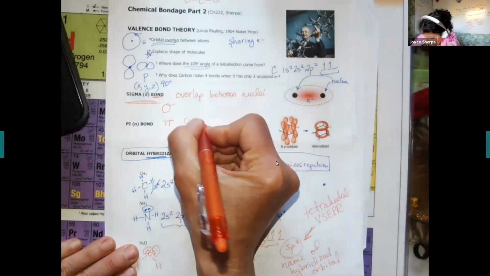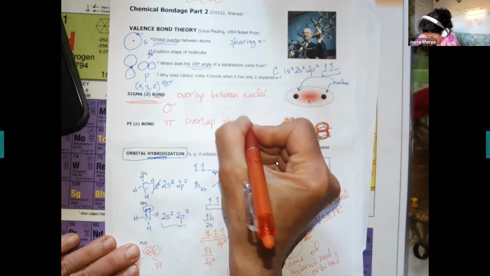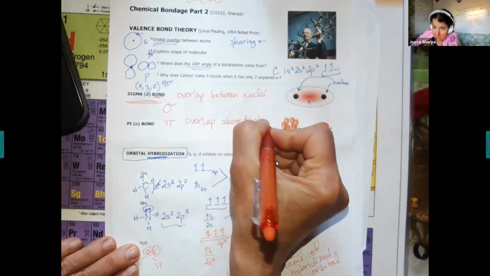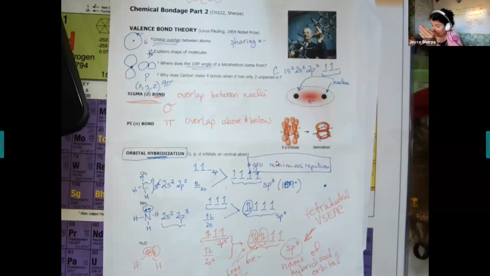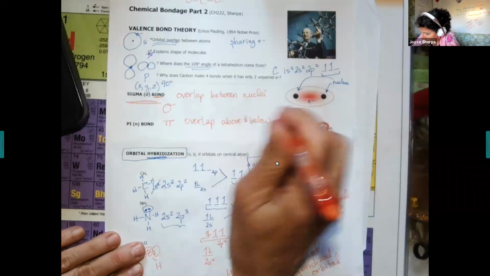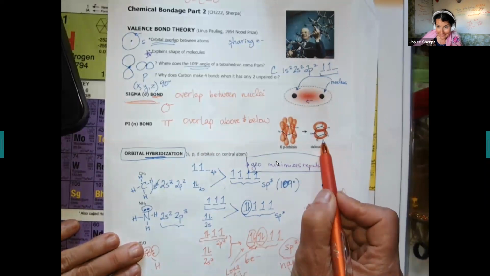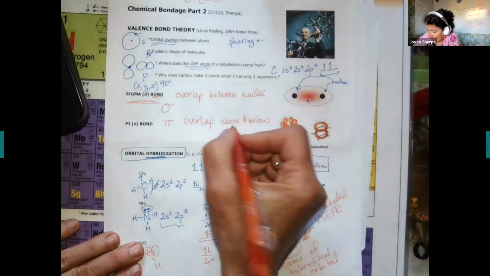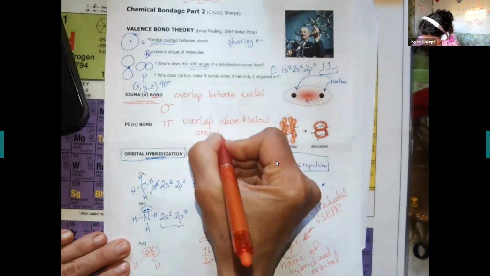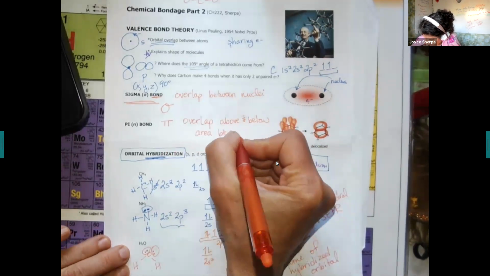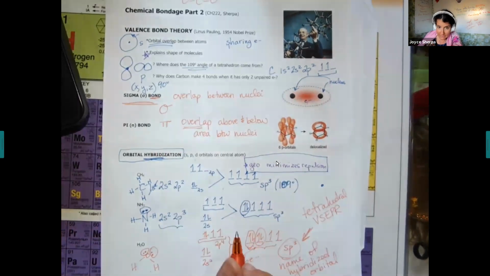This is that the overlap is above and below. Remember, electrons behave as waves, so it's above and below. That's what this is. That's a pi bond. The area between the nuclei. So again, the key is that there is still an overlap.